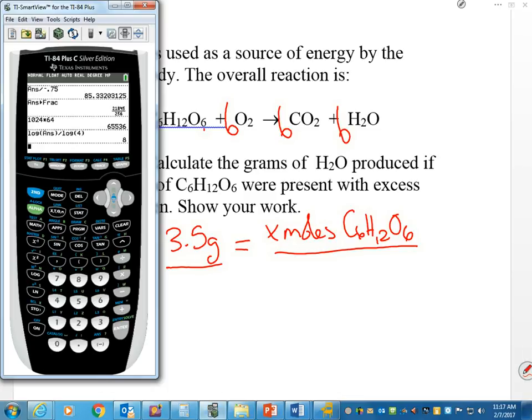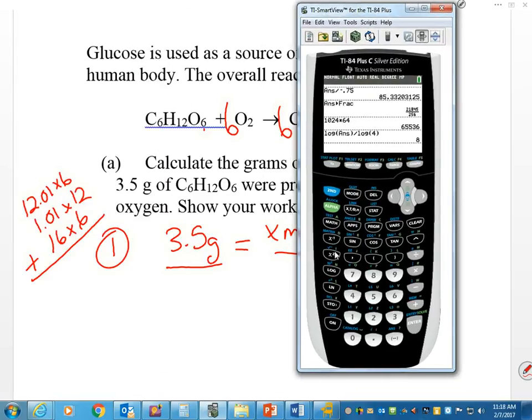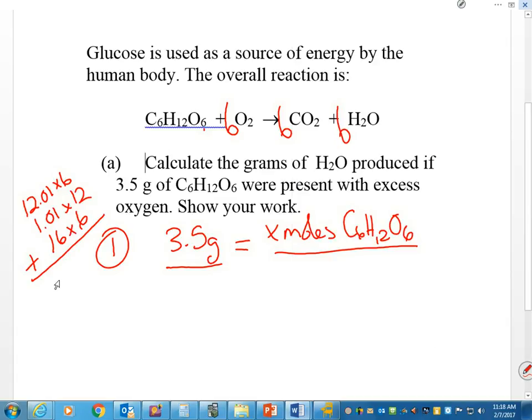So I bring this over here: 12.01 times 6 plus 1.01 times 12 plus 16 times 6. When I do this, I get 180.18. Okay? So that's the molar mass of sugar. That's grams, the molar mass of sugar.